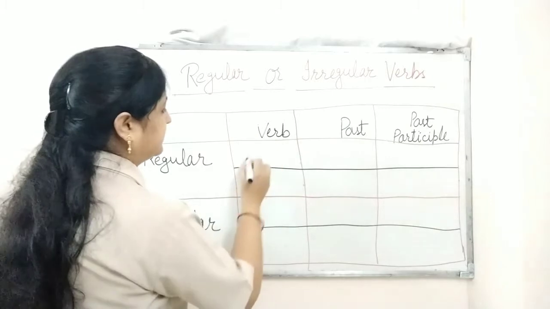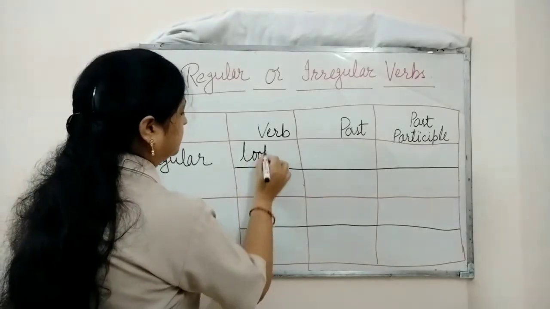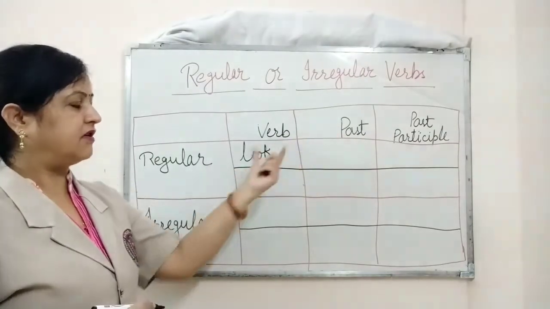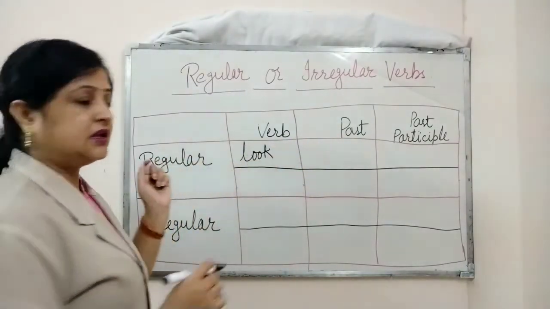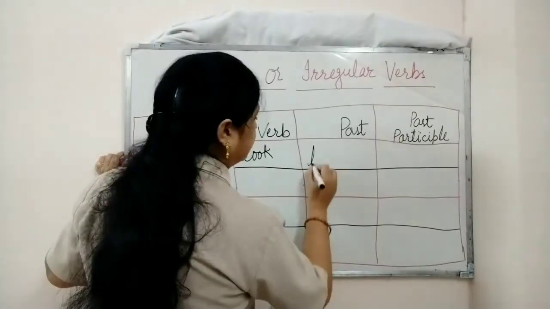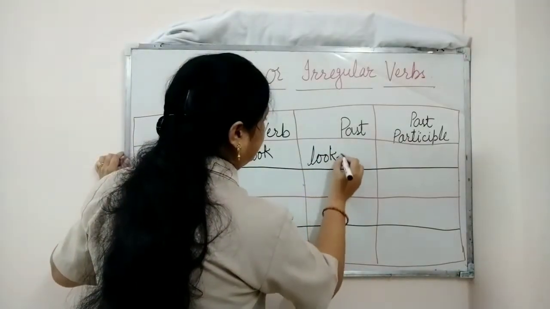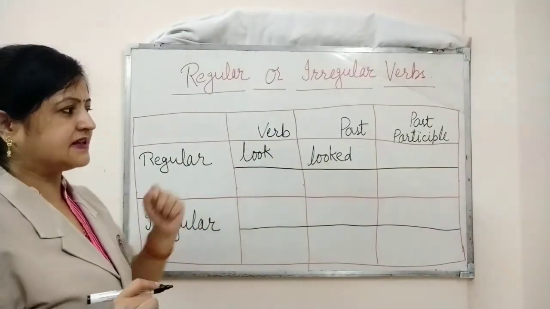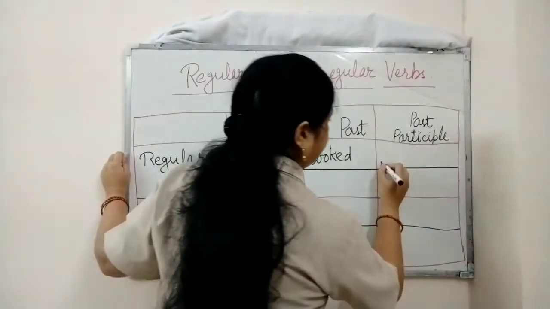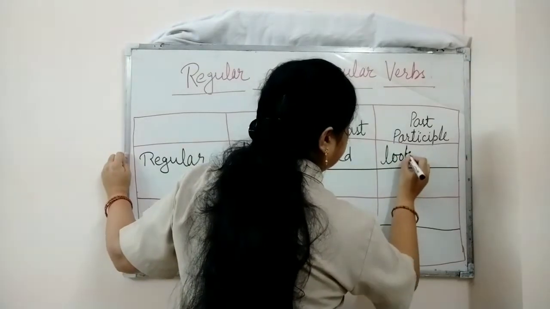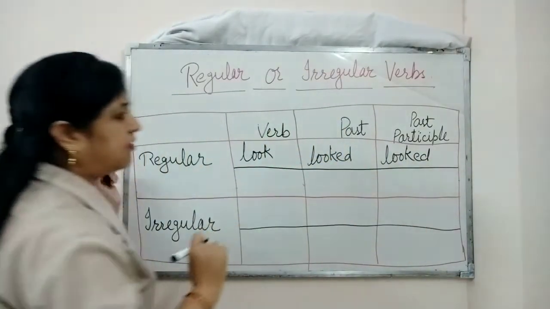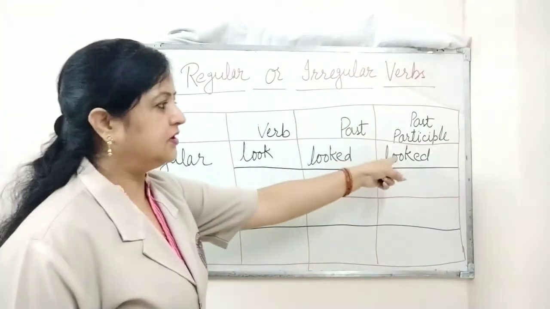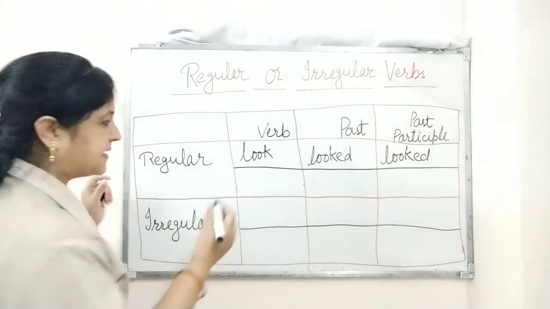I am writing here the verb look. The past form of the verb look is looked. That means just by adding ed, we can form the past form of the verb look. Next is the past participle form. Again, if we add ed, we can make the past participle form of look. Okay, look, looked, looked. Let us take one more example here.